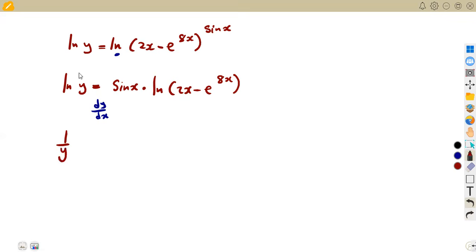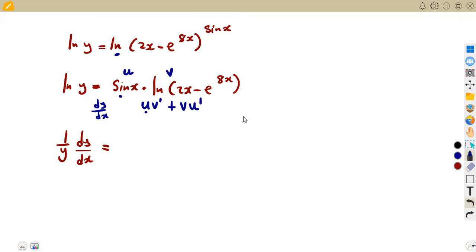But knowing that we are using implicit differentiation, it is going to be dy/dx, which is equal to, on the right-hand side, a product where this is your u and this whole ln part represents your v. So you are back again to the product rule, where the derivative of a product gives us u times the derivative of v, plus v times the derivative of u.